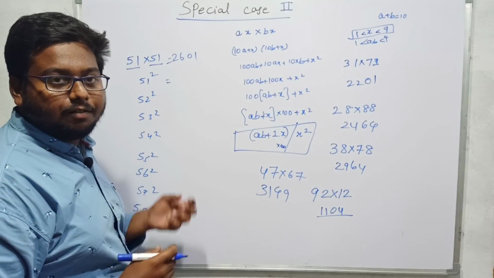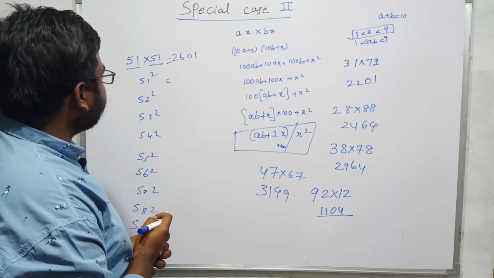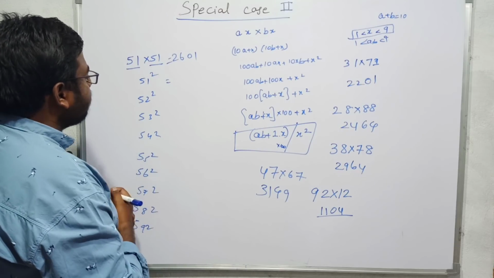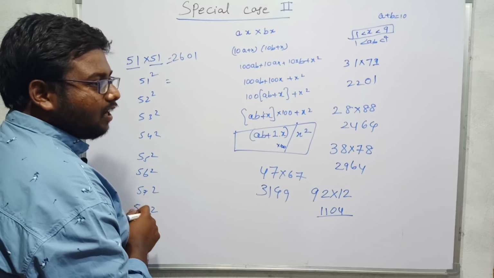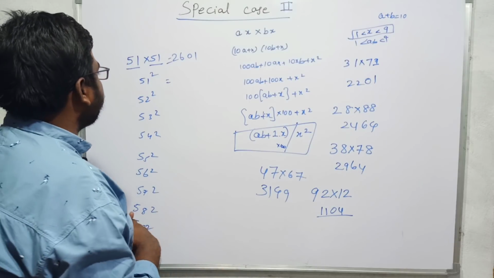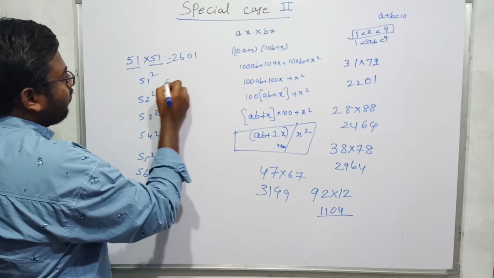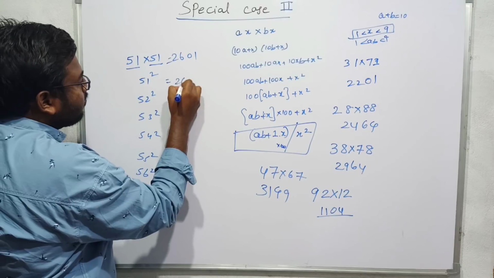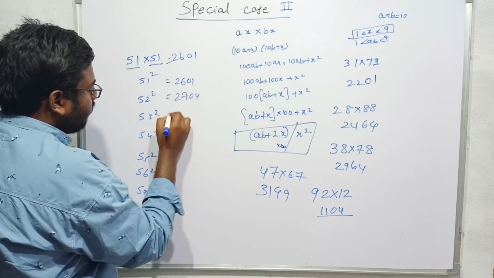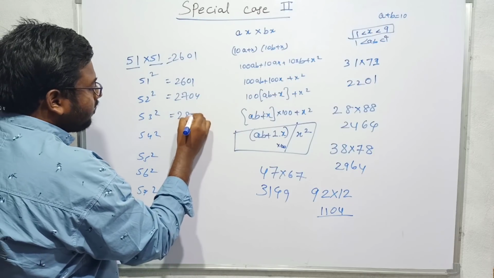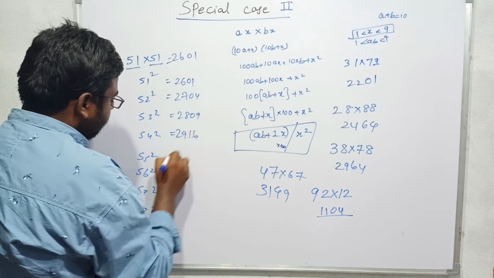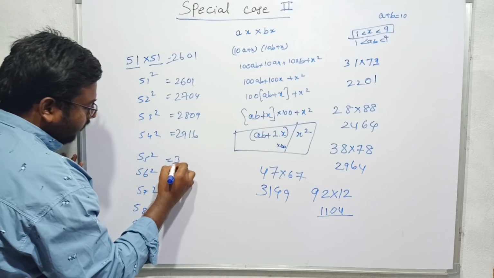So from this case, we have to learn clearly how to calculate the square of a number starting with 5, and that is strictly a 2 digit number. So 51 square: 25 plus 1, 2601; 25 plus 2, 2704; 25 plus 3, 2809; 25 plus 4, 2916; 25 plus 5, 3025.